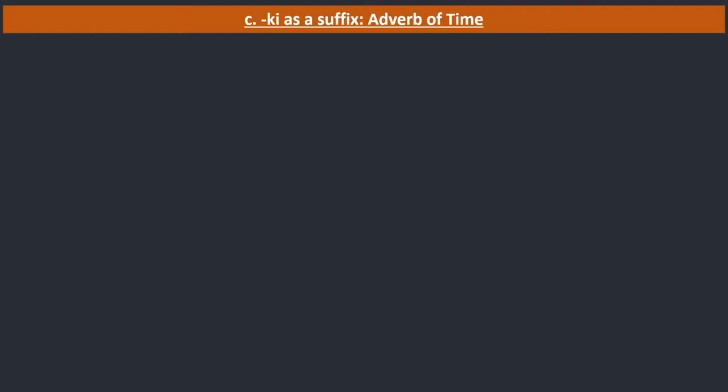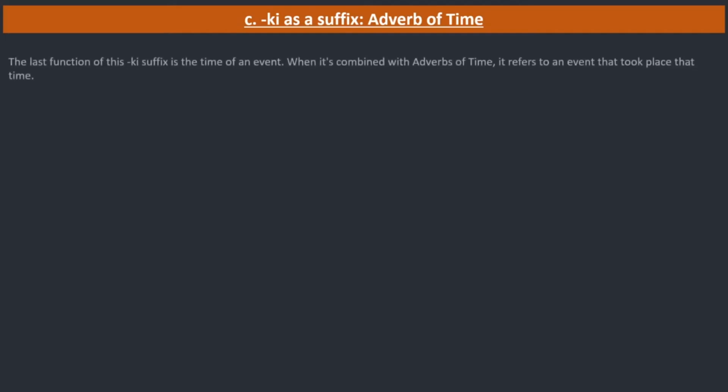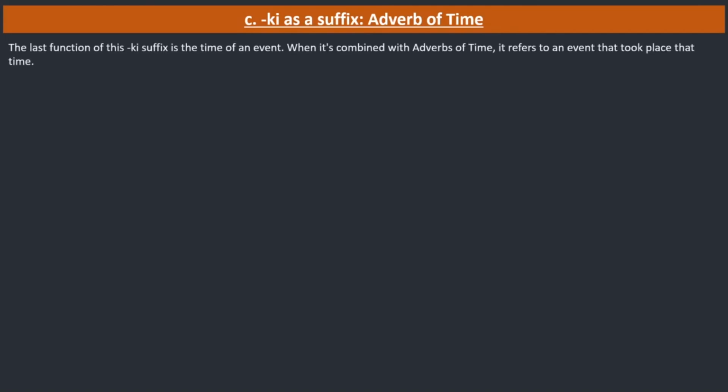Last function. After this, we will have a few example sentences, and it will be over. This lesson will be short. So, adverb of time. Adverbs describe the event or the time of an event.